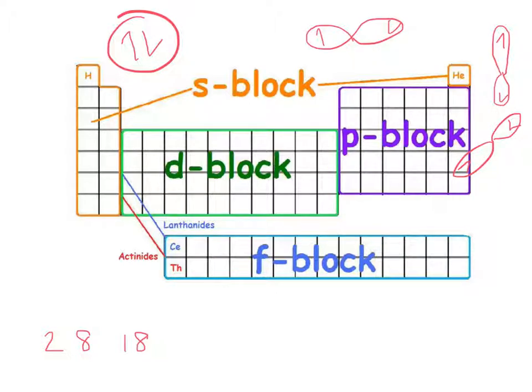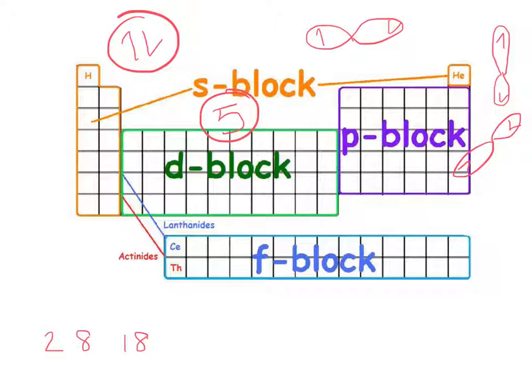Handy dandy, right? If I check out S block, S can only hold 2 electrons, 1, 2. It's like it was meant to be. D block can hold 10 electrons, 1, 2, 3, 4, 5, 6, 7, 8, 9, 10, which means D block actually has 5 orbitals in it, right? 10 divided by 2.